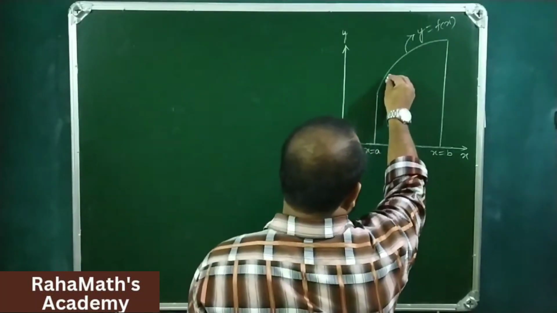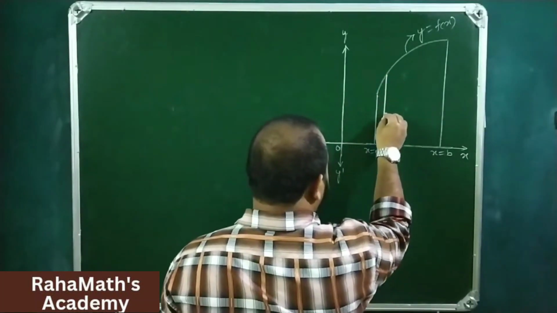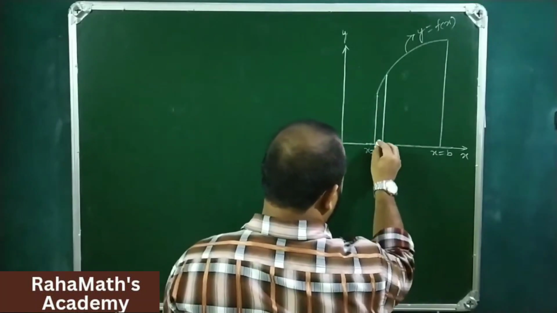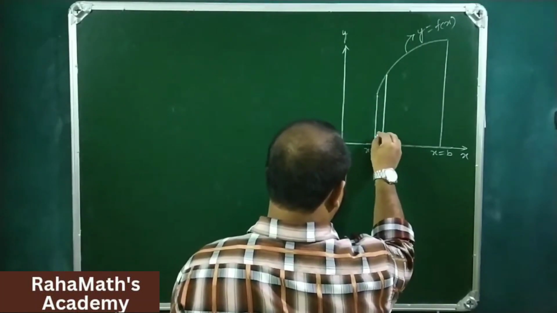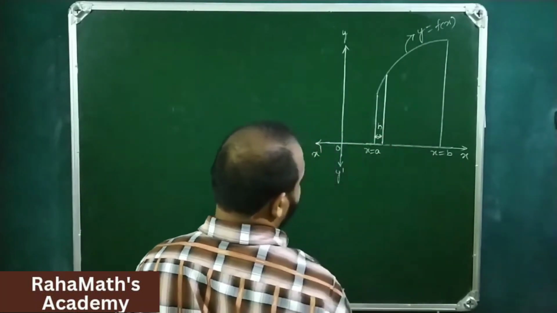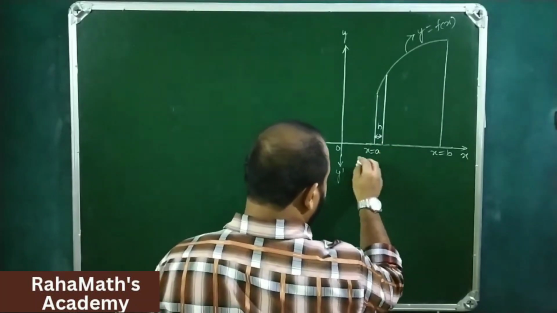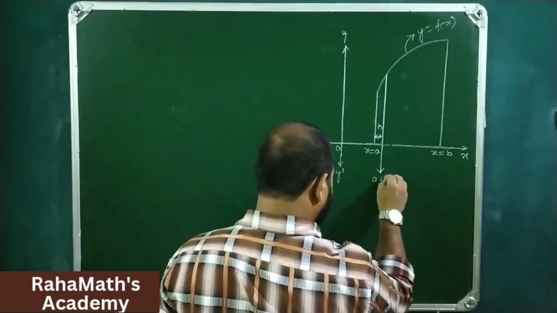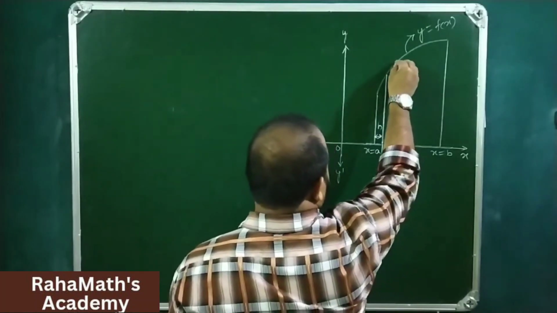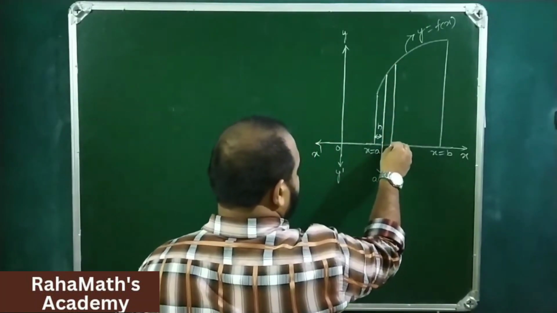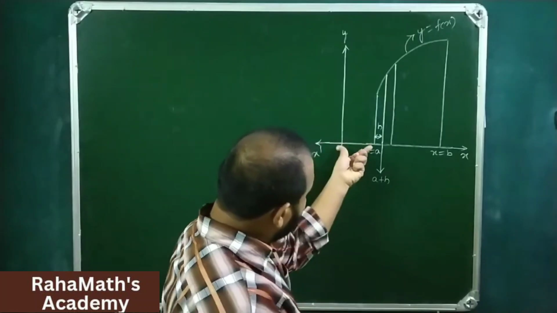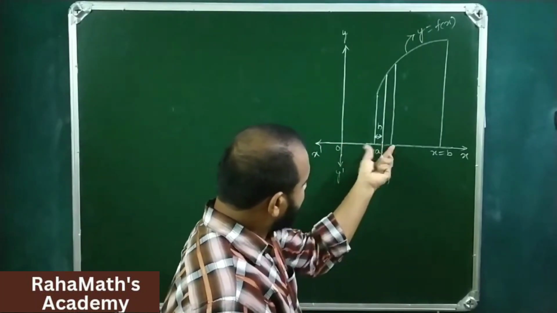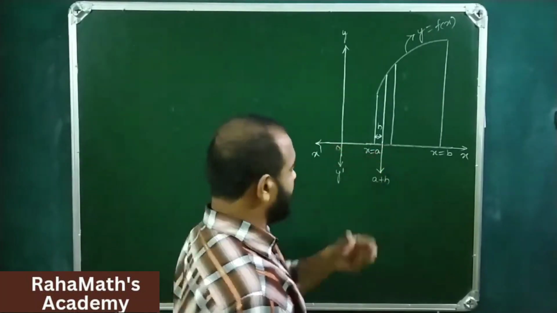So this is a. If I take another rectangle, it has width h. How much width? h. So then this will be a plus h. If I take the further rectangle, this is a plus h plus h, so this is a plus 2h.